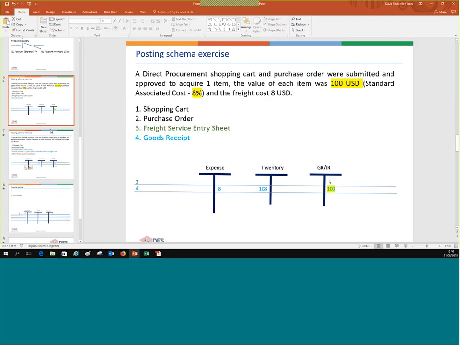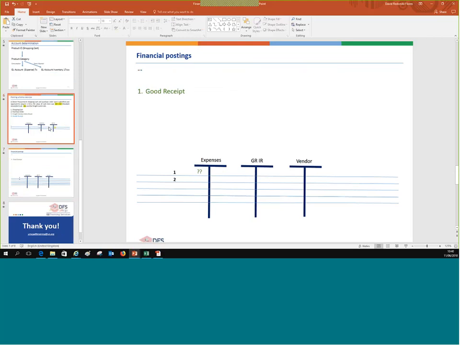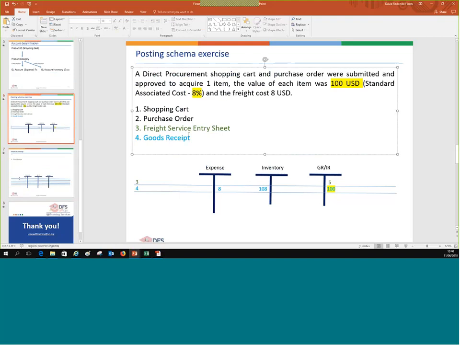All right. So if I continue with this example that I was building here, we have in inventory 108, and then if the items are supposed to be consumed, there will be another transaction, which is called goods issue.